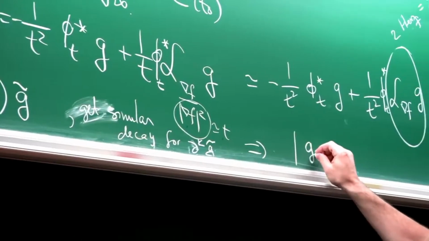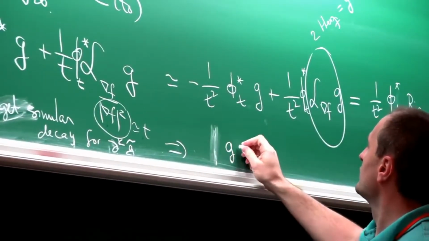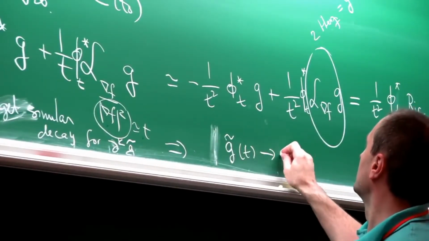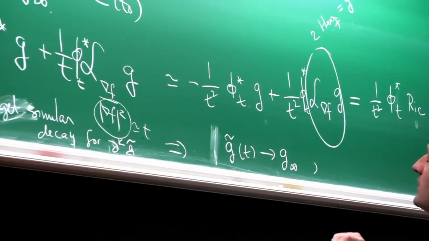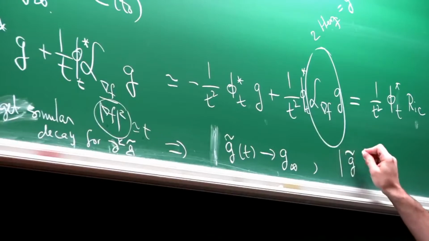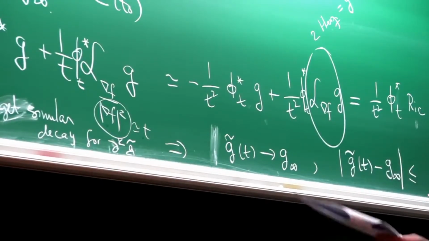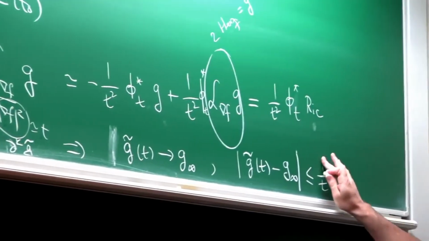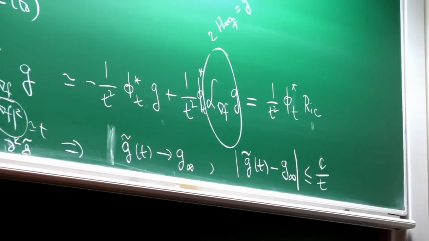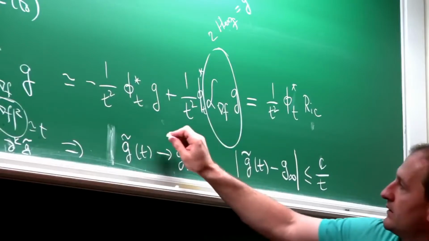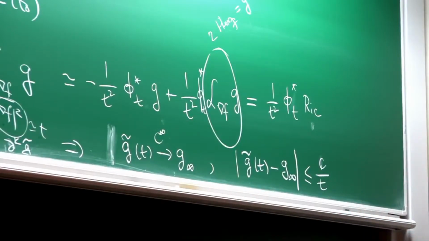And in fact, it doesn't prove just that this converges. It also proves that you have even a convergence rate, that's 1 over t. So again, this is in C infinity because you can get higher order derivatives for G from the curvature information.